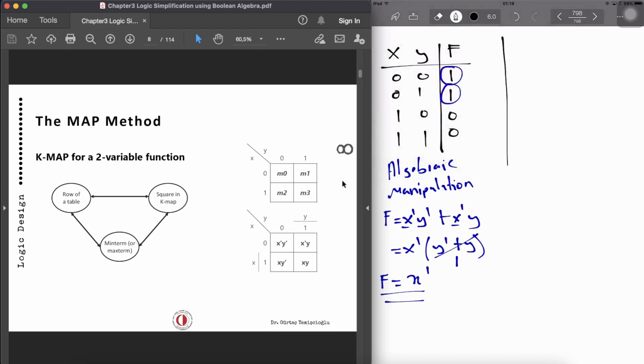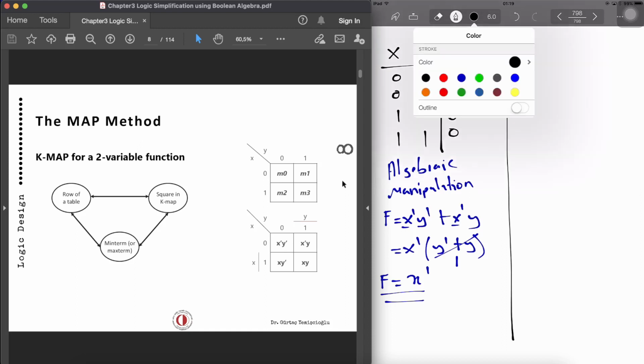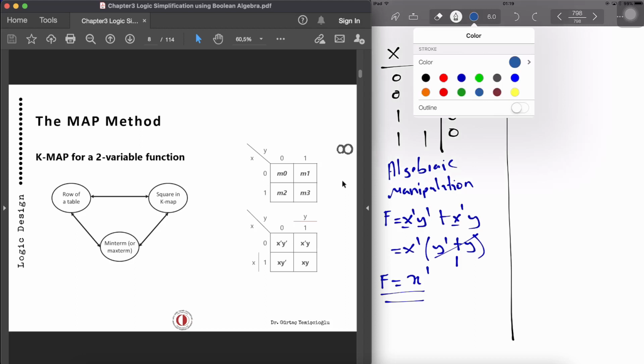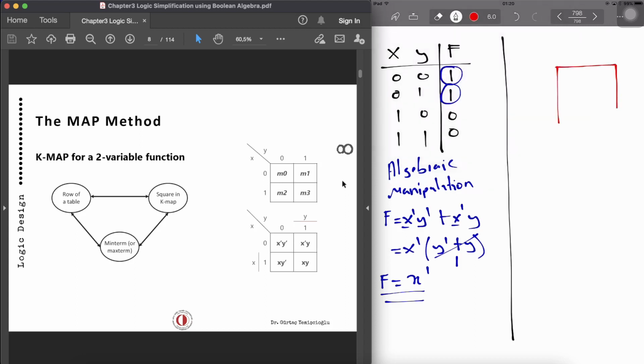Let's see the map method. So we need, let's try a different color. We need 4 squares, as we have 2 variables over there. 2 to the power 2, 4. We have x and y, with zeros and ones. This is minterm 0, minterm 1, minterm 2, minterm 3.